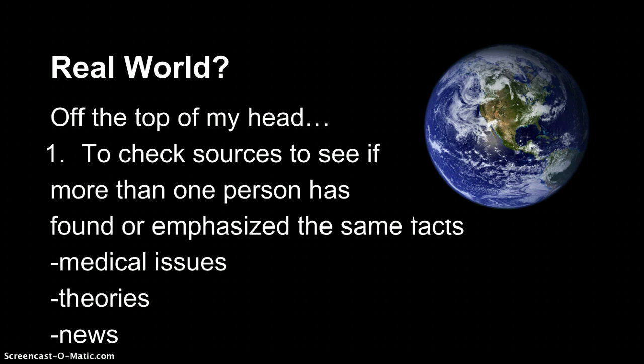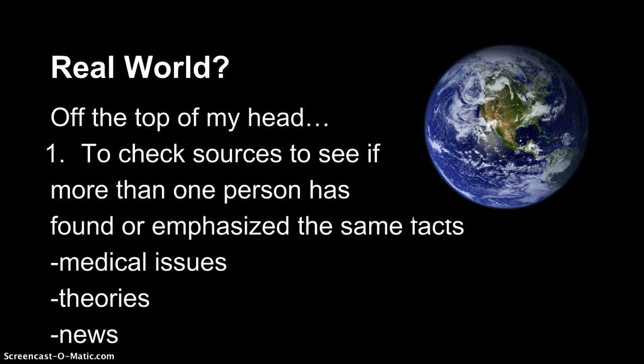A couple areas where I know I do this is medical issues. If anything goes wrong with me, for instance, when my eye went blind, I instantly search on the internet, what is wrong with me? What's happening? I want to read as many articles or as many authors as I can, or websites for that matter, but authors write websites, to see if my eye's going to fall out or whatever.